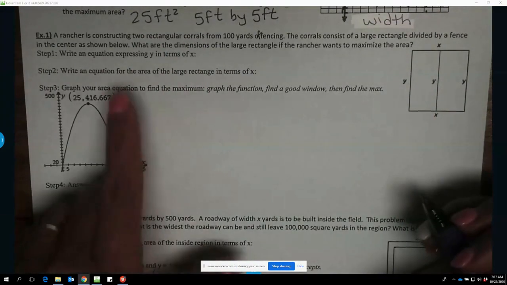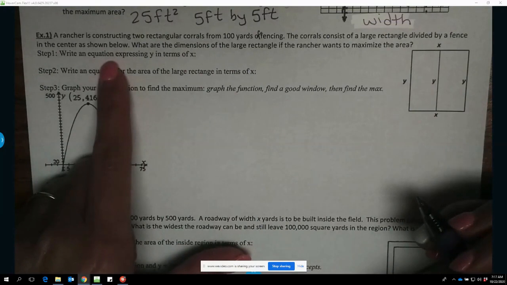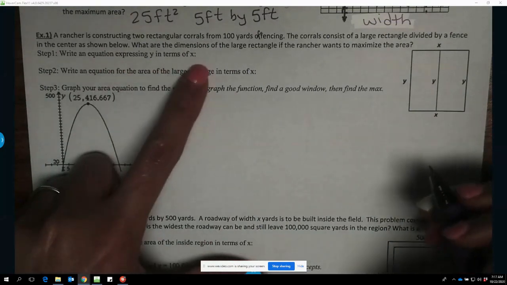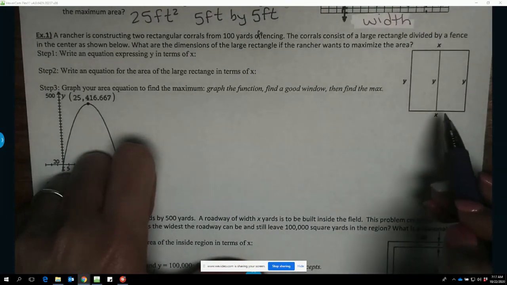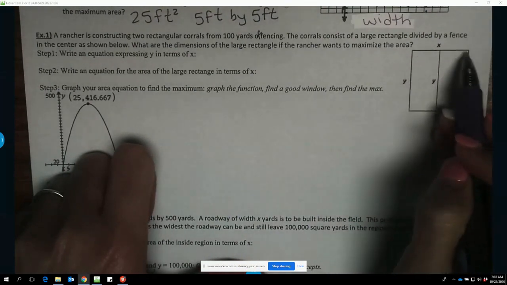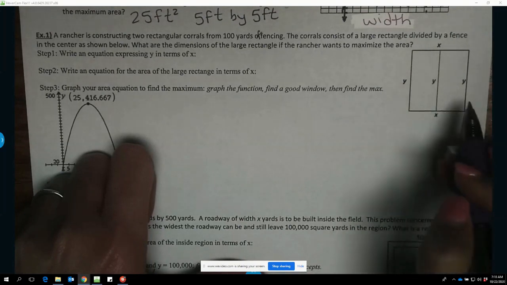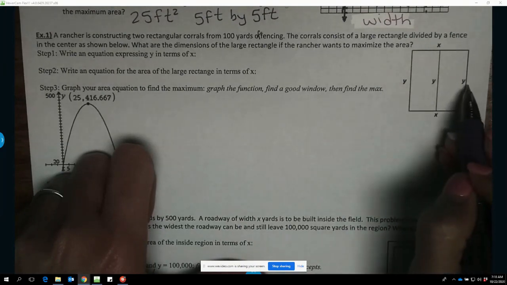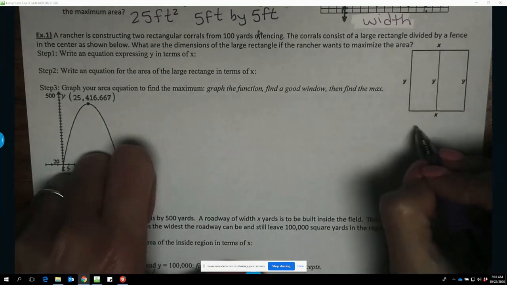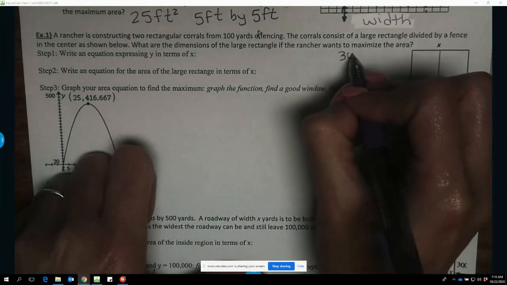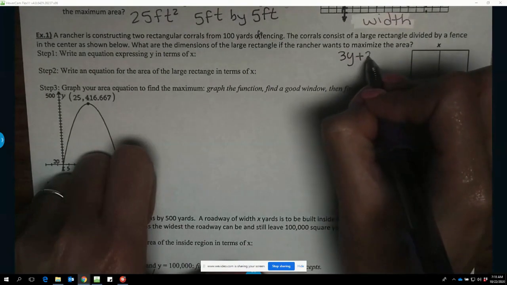So step 1, I need you to write an equation expressing y in terms of x. So based on this information, for the fencing, you would have to add all the sides here, including the fence here. So if I add all of the sides, y plus y plus y, plus x plus x, that gives me 3y plus 2x.